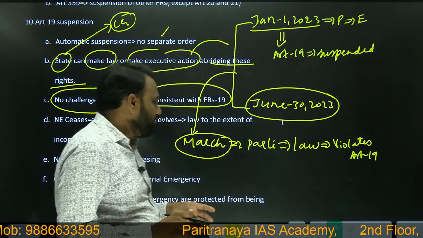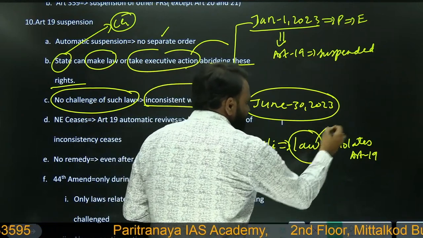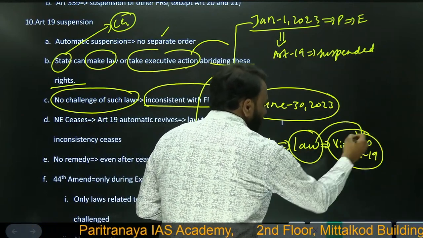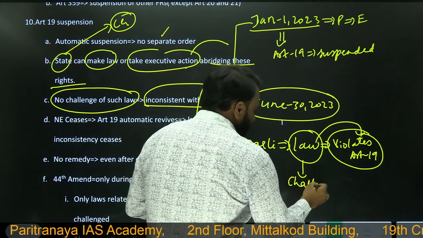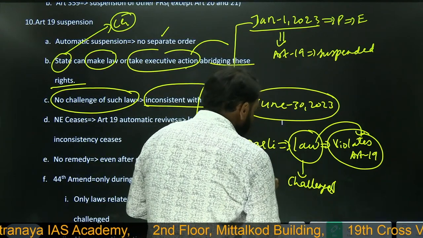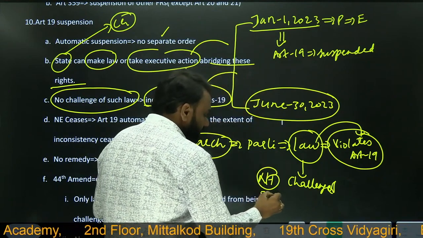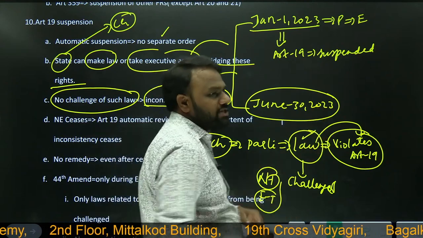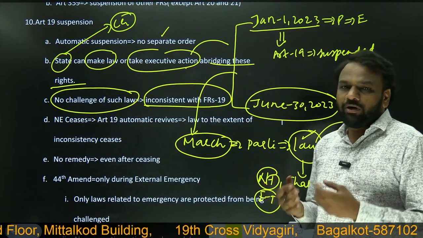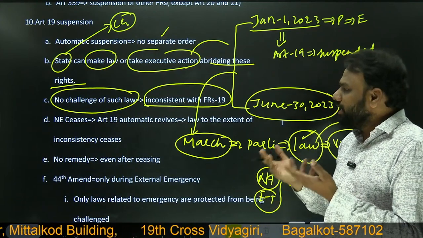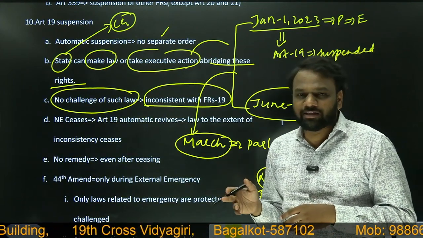In normal time, whenever a law has been made which violates the fundamental rights, especially Article 19, it can be challenged in the Supreme Court or High Court. But during emergency, this law cannot be challenged in the Supreme Court. The Supreme Court or High Court will not entertain a petition which challenges a law inconsistent with the fundamental rights during emergency.